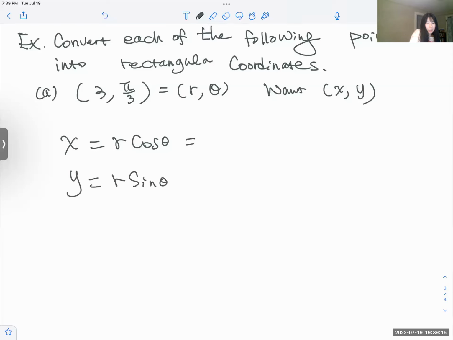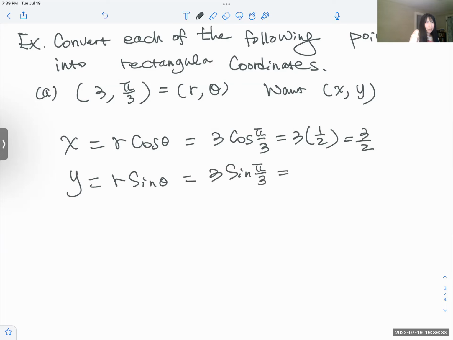So in this case, x is 3 cosine pi over 3. What do you get? 3 over 2. Good. Then y is 3 sine pi over 3. What do you get?